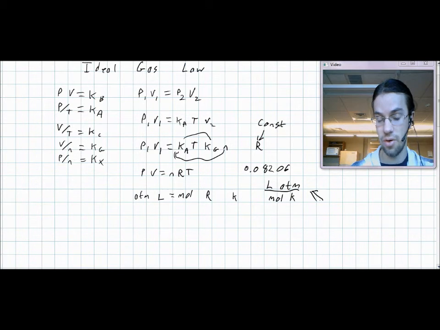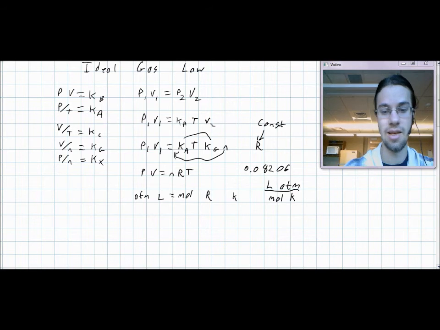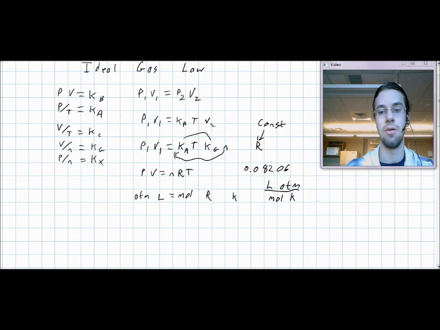Moles can change for number of atoms, and volume can be in liters. It could be in gallons if you really want, but we tend to stick with metric when it comes to science, and it can be in milliliters, kiloliters, whatever floats your boat. But this is the standard way of doing it. And so that is the ideal gas law.